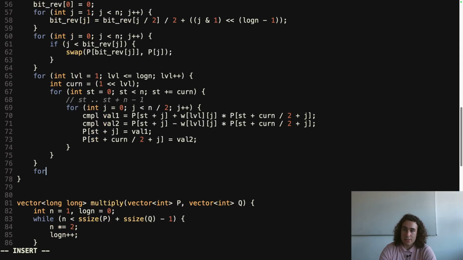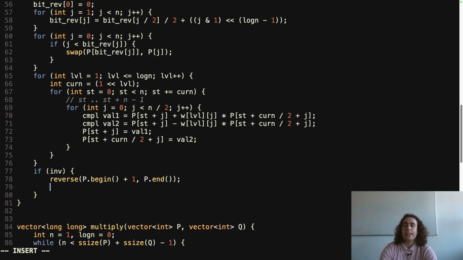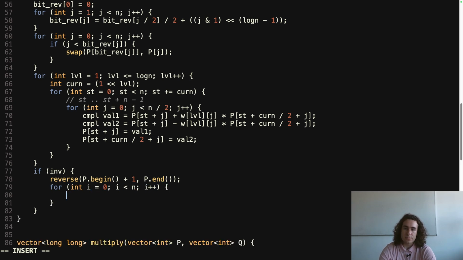But if this flag is set, so if we have an inverse FFT, what do I need to do? I need to reverse everything starting from the first position, and then I need to divide everything by n. For every index j, p[j] divided by n.